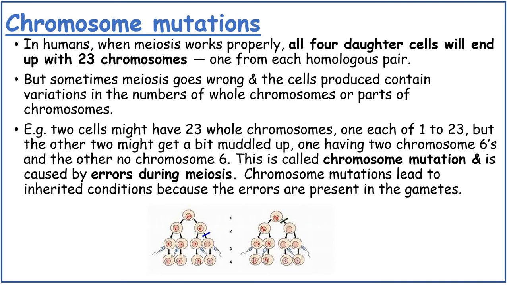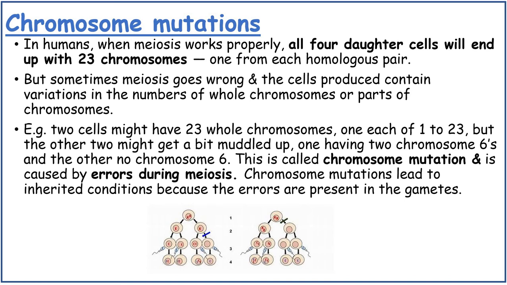Chromosome mutations. In humans, when meiosis works properly, all 4 daughter cells will end up with 23 chromosomes, one from each homologous pair. But sometimes meiosis goes wrong, and the cells produced contain variations in the numbers of whole chromosomes or parts of chromosomes.